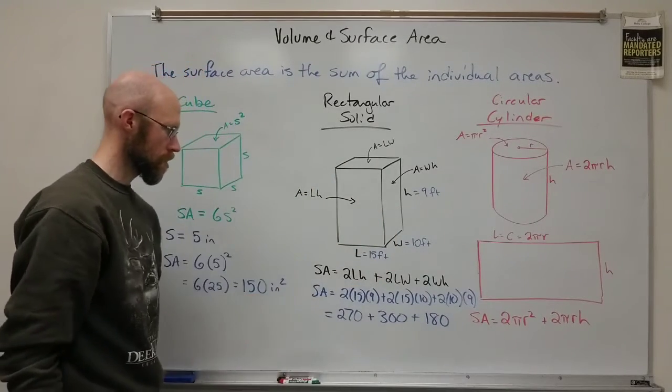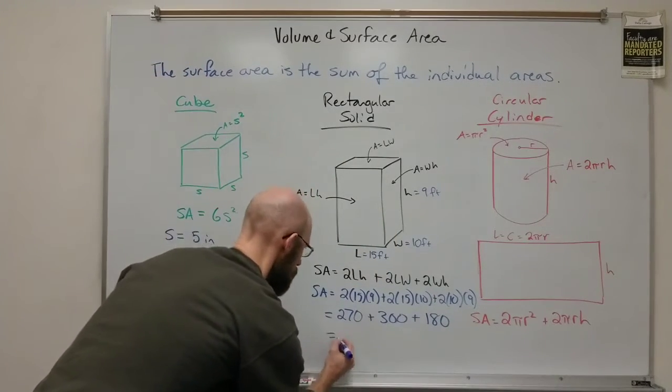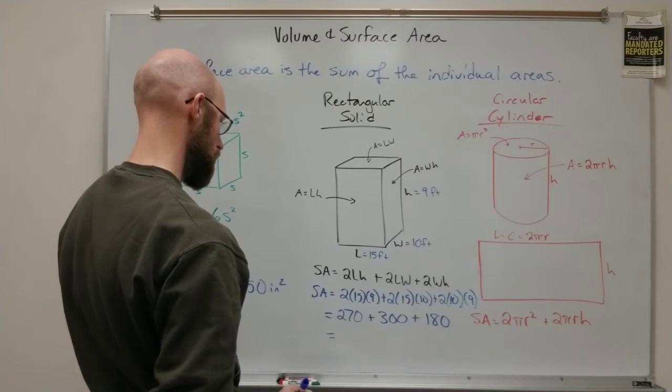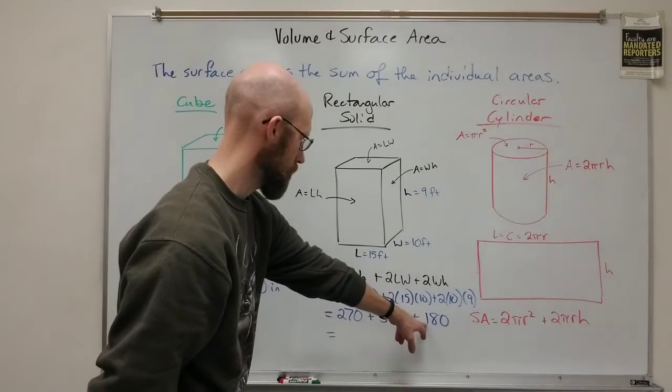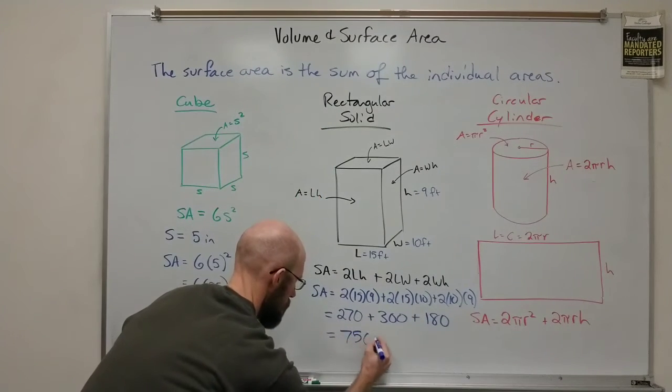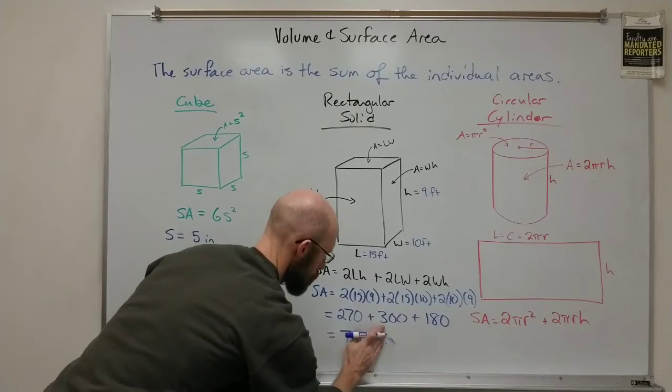Add those 3 values together: 570, 670, 750. 750 square feet.